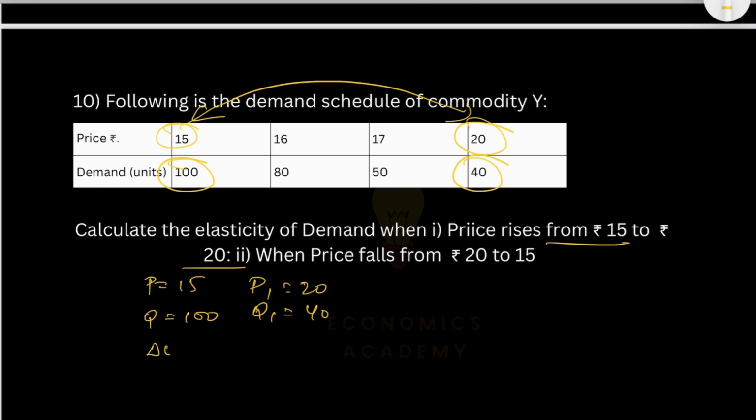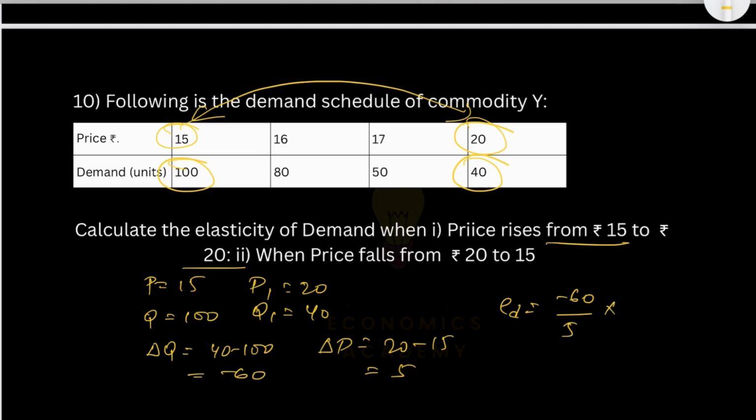Now the change in Q would be 40 minus 100, that is minus 60. Change in P is 20 minus 15, that is 5. Elasticity of demand equals minus 60 by 5 into P, that is 15 by Q, that is 100.